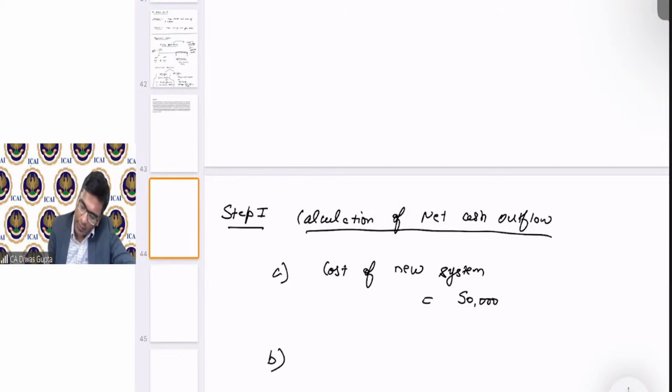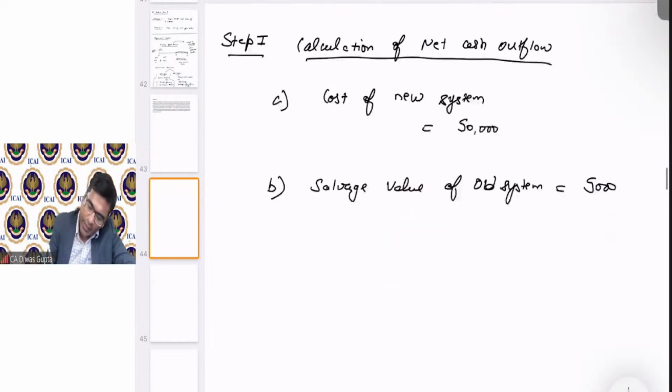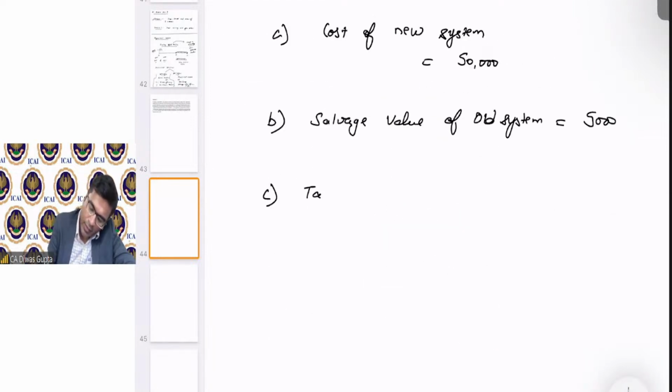B, salvage value of old system. This is also given. This is how much? 5,000. Then C, tax gain or loss on sale of old system.